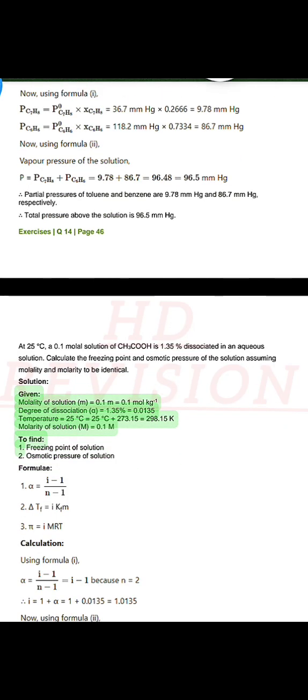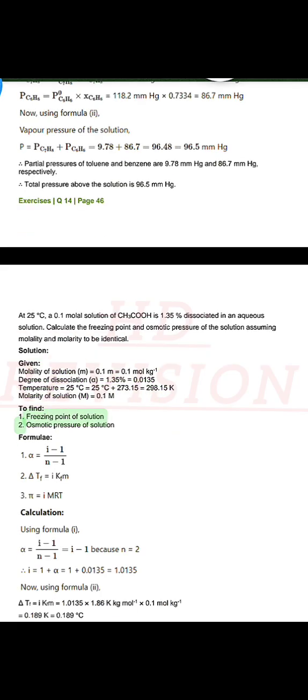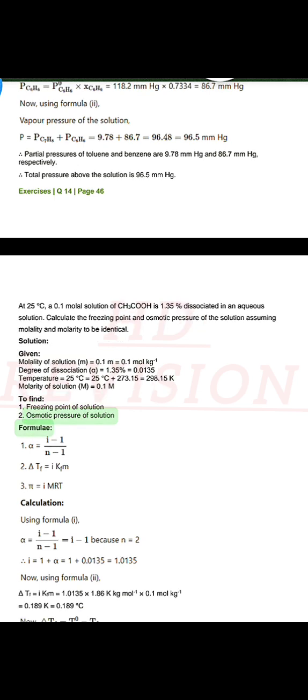Given, molality of solution m equals 0.1 m equals 0.1 mol per kg, degree of dissociation alpha equals 1.35% equals 0.0135, temperature equals 25 degrees Celsius equals 25 plus 273.15 equals 298.15 K. Molarity of solution M equals 0.1 M. To find 1. Freezing point of solution. 2. Osmotic pressure of solution. Formulae.